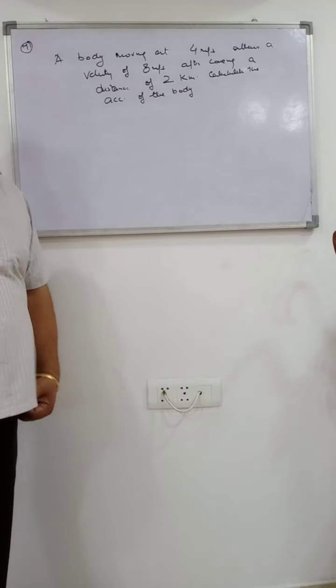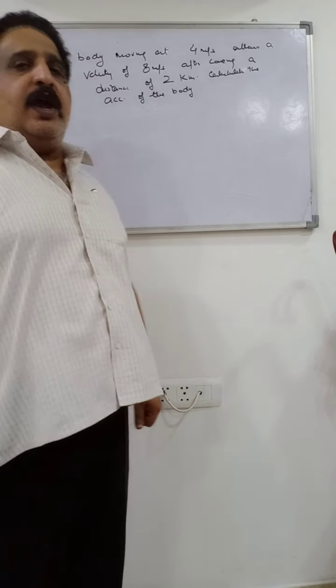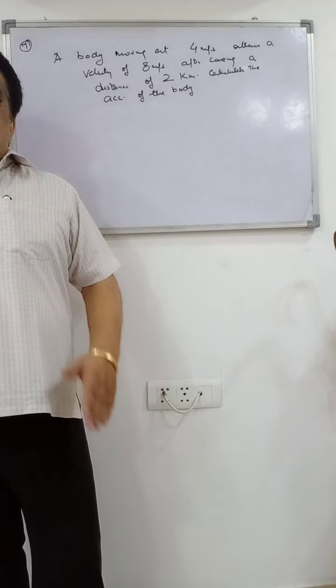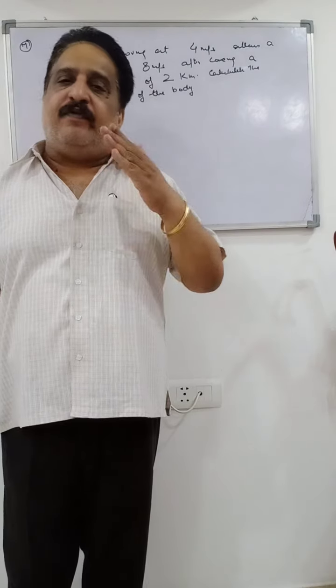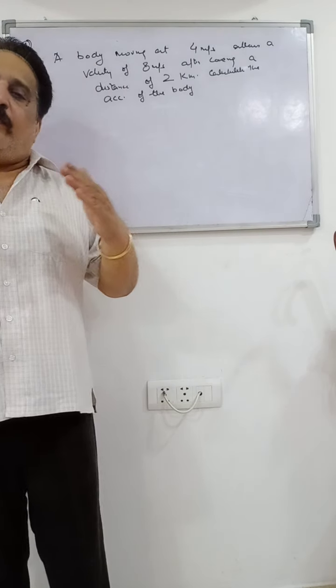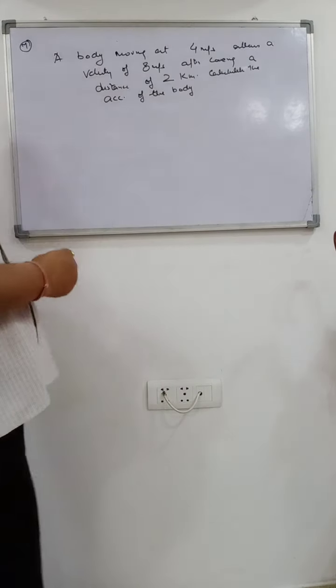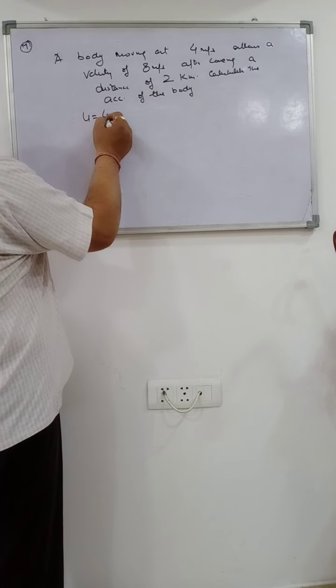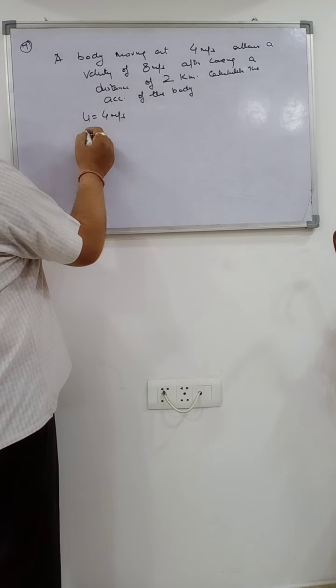A body moving at 4 meter per second attains a velocity of 8 meter per second. That means initially the body was moving at 4 meter per second, that is, U is 4 meter per second.